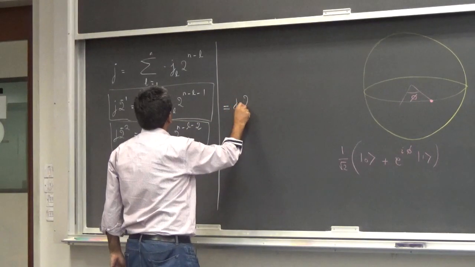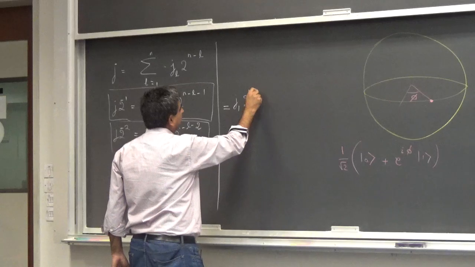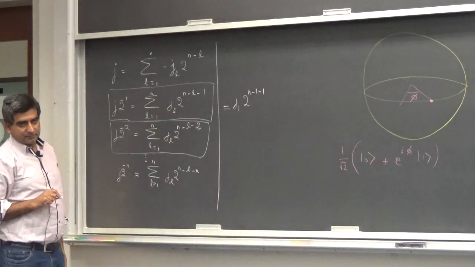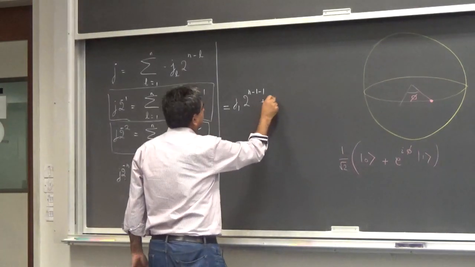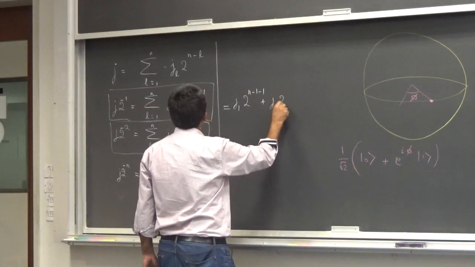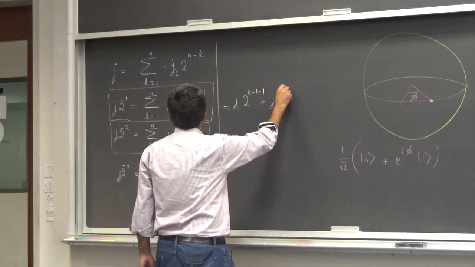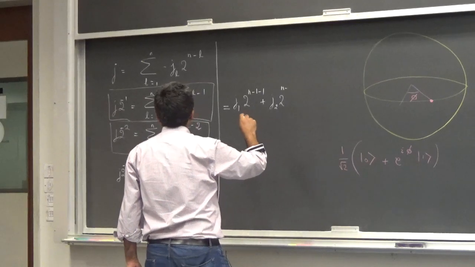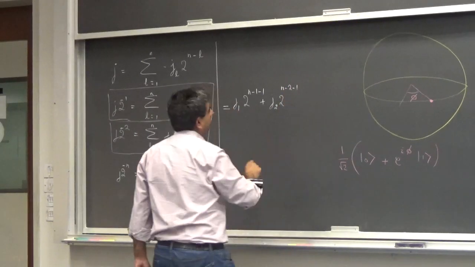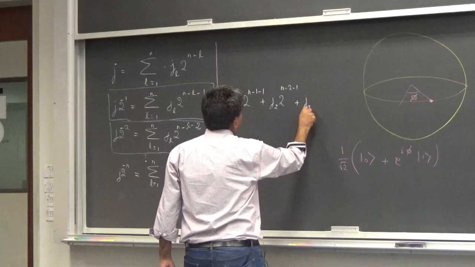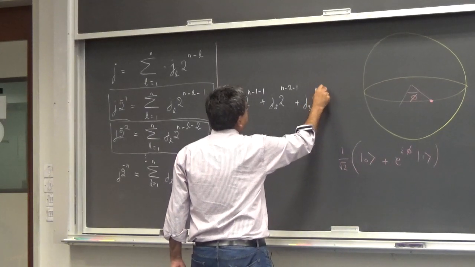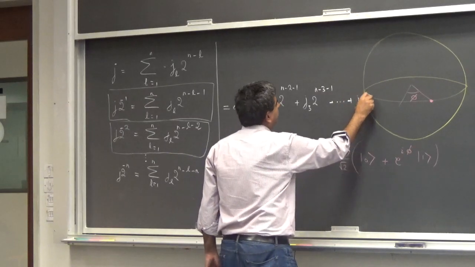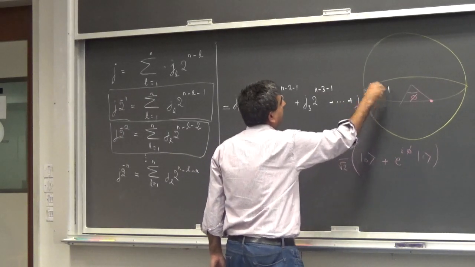J1 2 raised to power n minus 1 minus 1 plus J2 2 raised to power n minus 2 minus 1 plus J3 2 raised to power n minus 3 minus 1 all the way up to Jn 2 raised to power n minus 1.